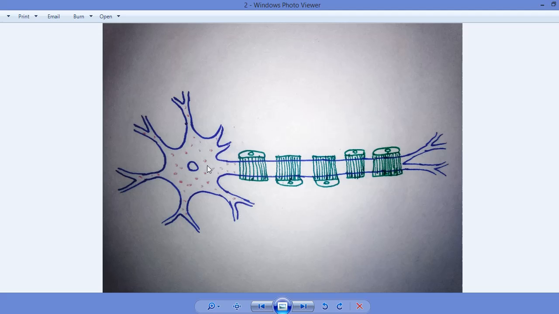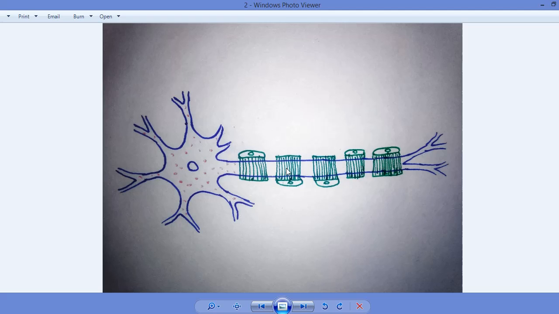The second difference between the axon and dendrite is that the dendrites are always tapered. You can see over here that the diameter of the filament of the dendrites becomes narrow as it goes further. So this is tapered, while the diameter of the axon remains the same throughout its length.